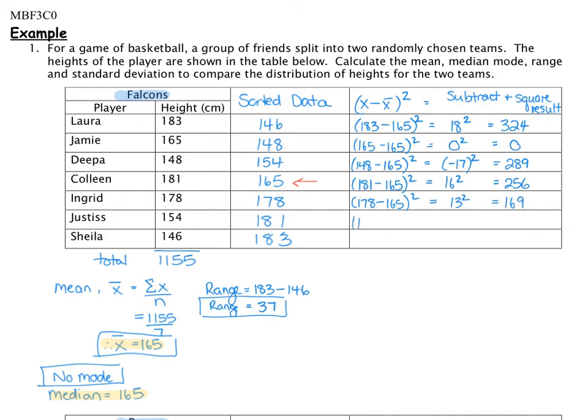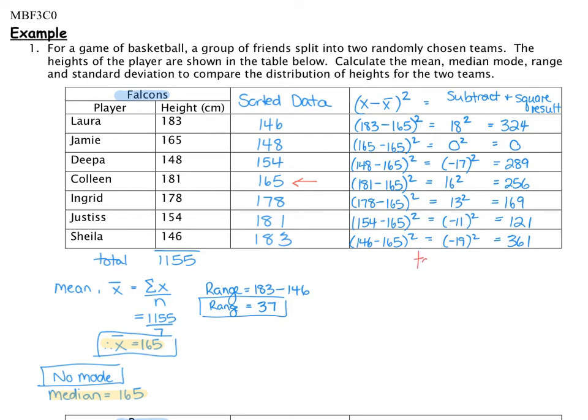Justice is 154 minus 165 squared, which is negative 11 squared, which is 121. And the last one, Sheila, is 146 minus 165 squared, which is negative 19 squared, which is 361. Okay, so hopefully that made sense there.